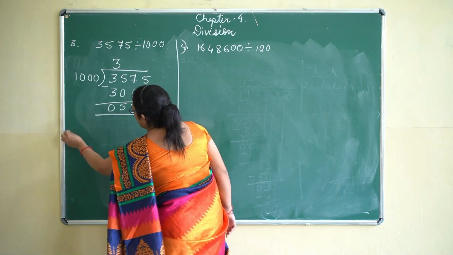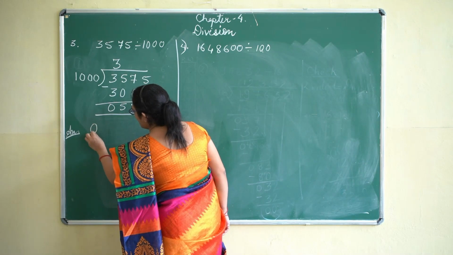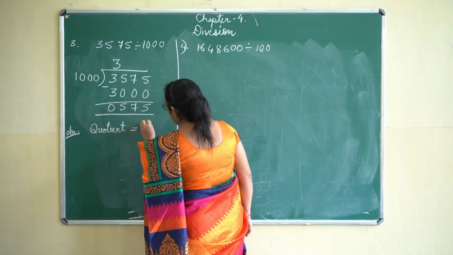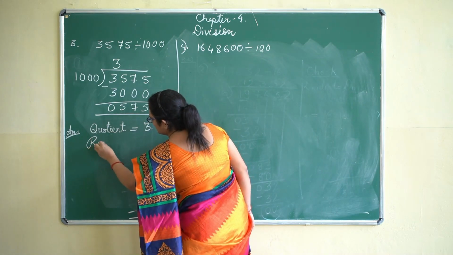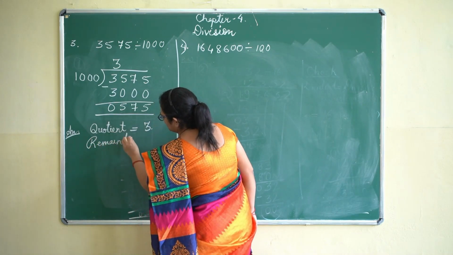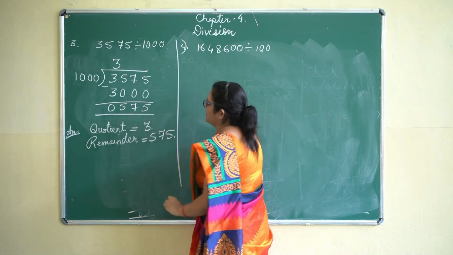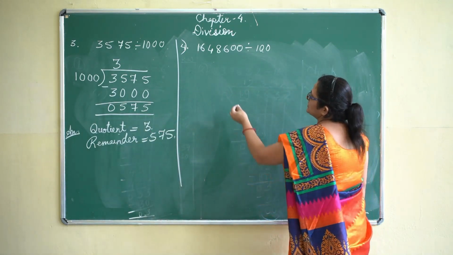So how do you write the answer? Quotient is equal to 3, remainder is equal to 575. Okay, next question.